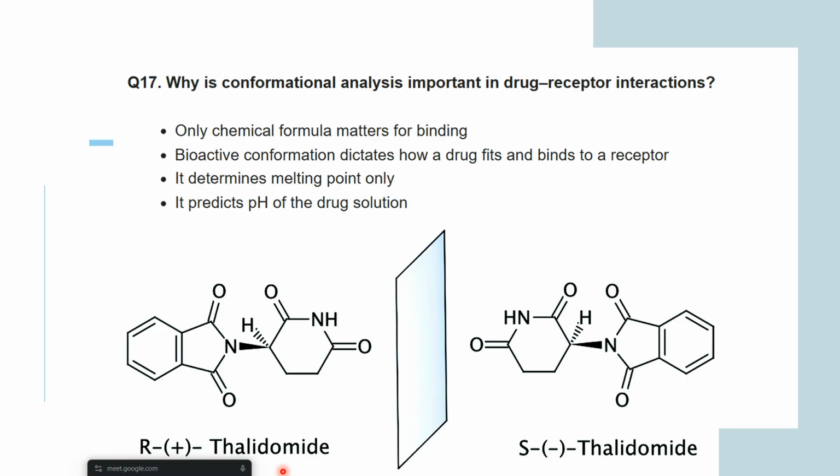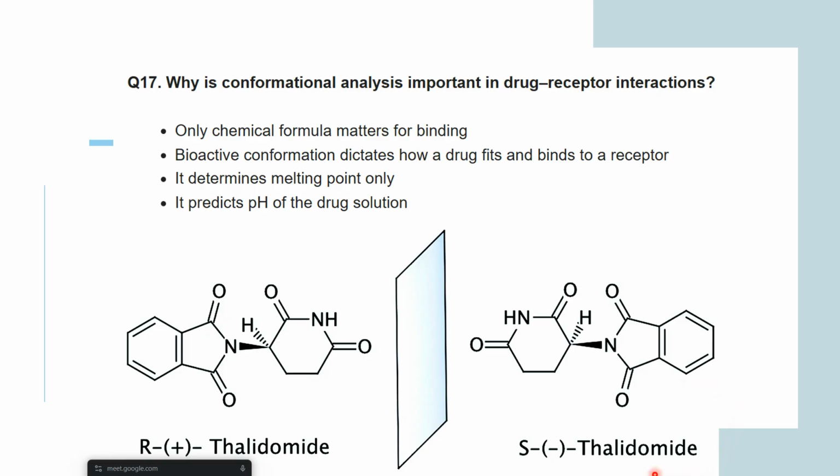Okay, but the other enantiomer, which has the exact same molecular chemical formula and differs only in the stereogenic center at this position, this S-thalidomide has a teratogenic effect. That means it can cause birth defects in babies.